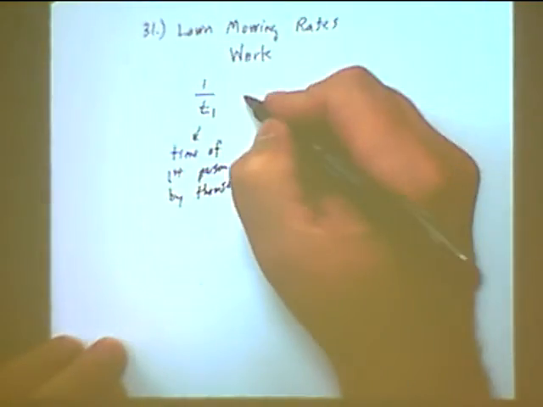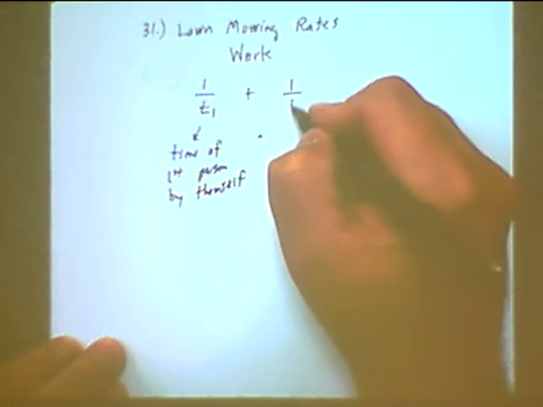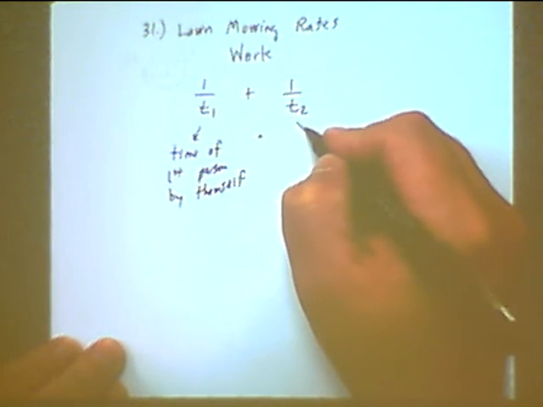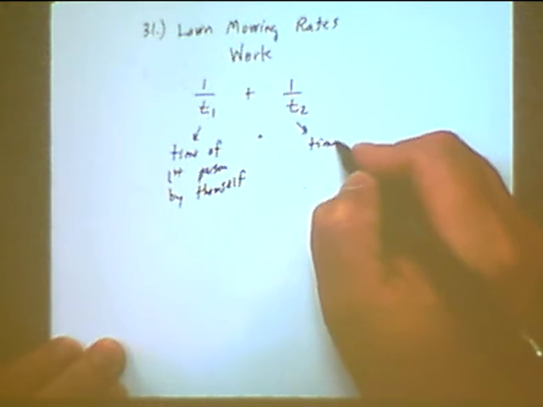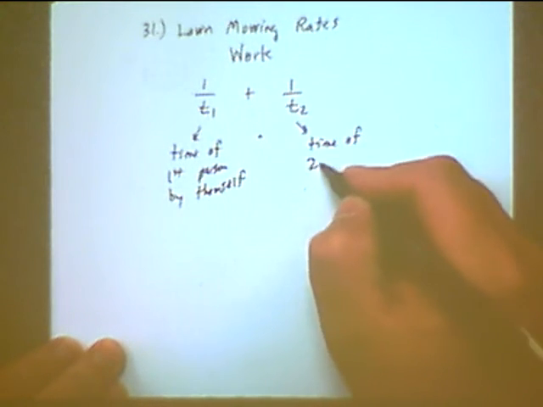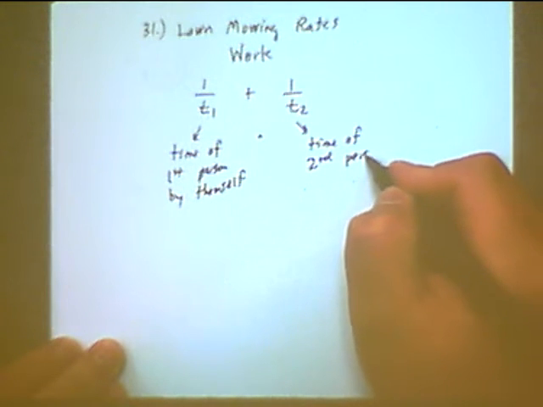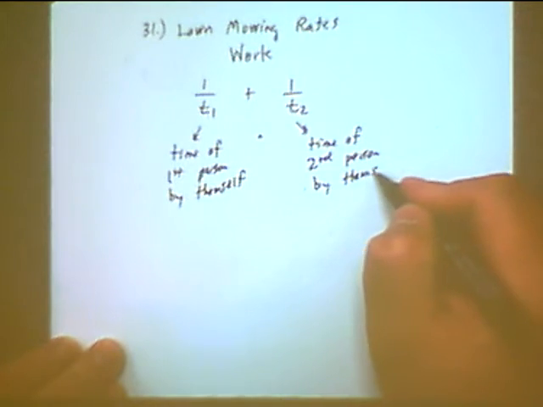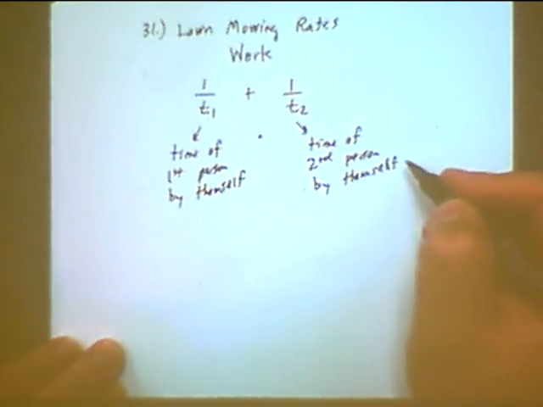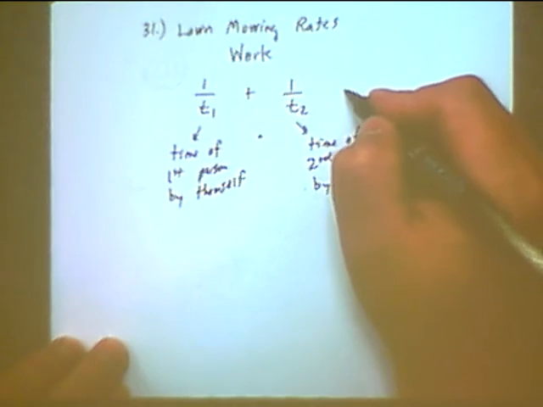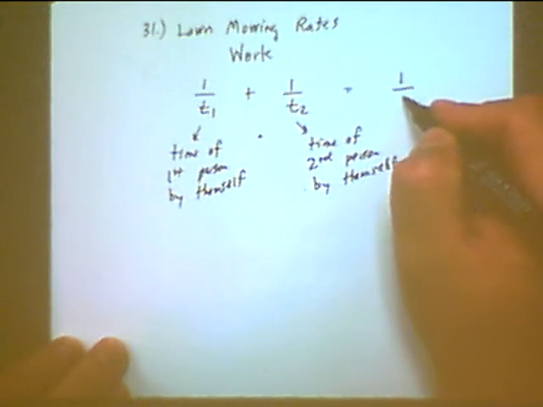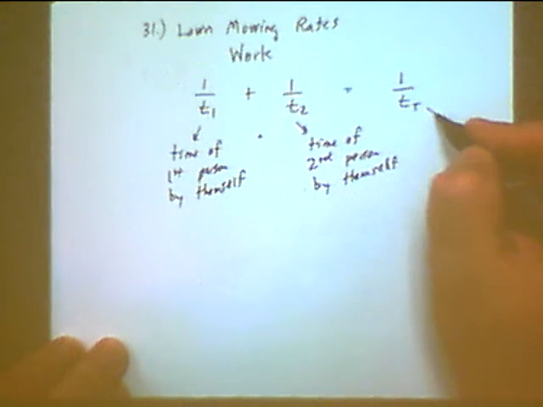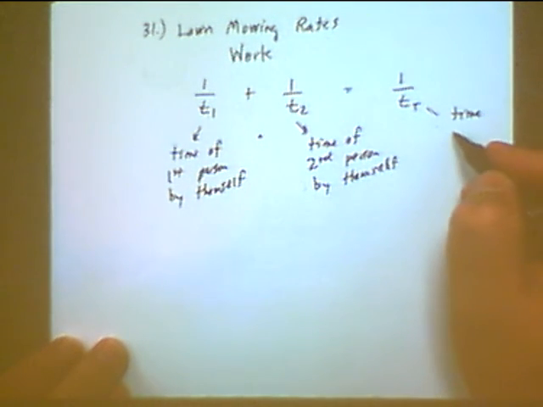And then you add to it 1 over T2, and T2 is the time of the second person to do the job by themselves. And then you say it equals what I call 1 over T sub T, and this is the time it takes them when they're working together.